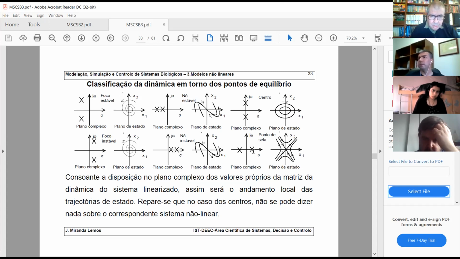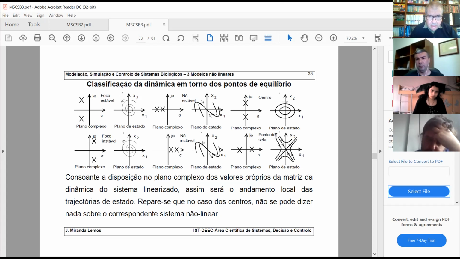And this saddle point is such that along the eigenvectors, either you approach the origin or you go away. And outside the eigenvectors, you do a movement which is the composition of the movements along the eigenvectors.